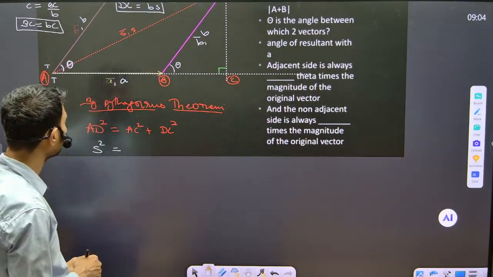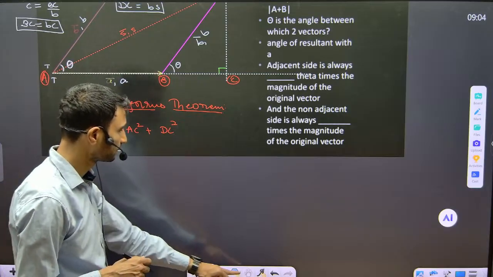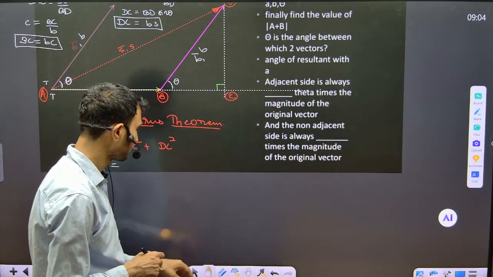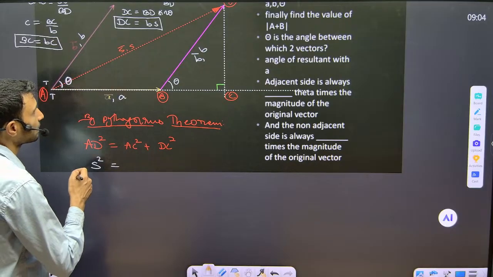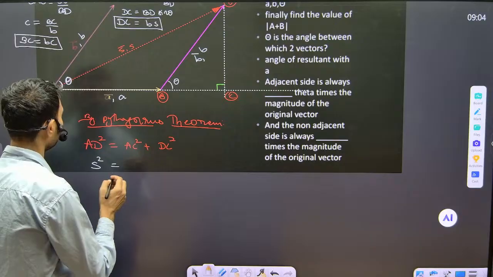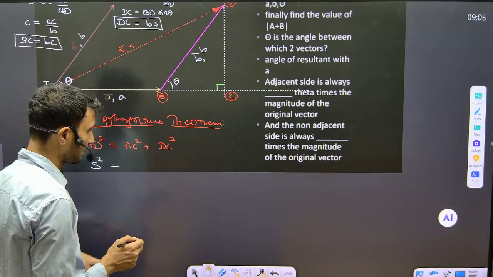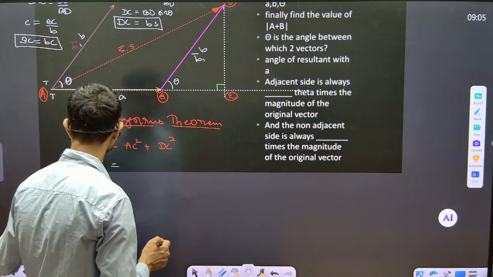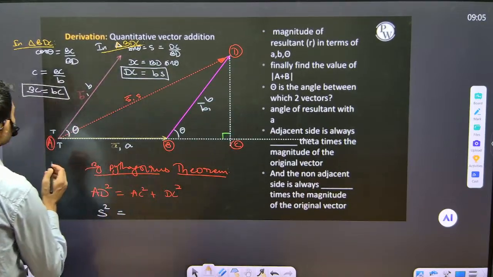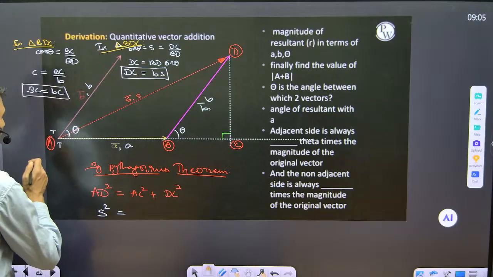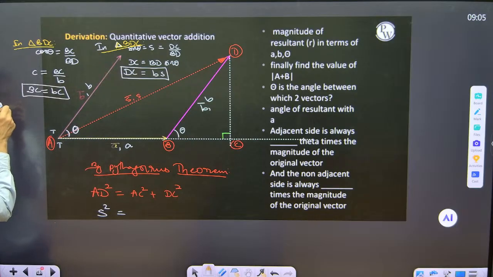So S square is equal to AC square. And what is AC? Let's see what is AC.